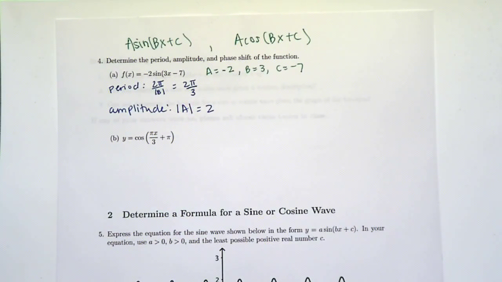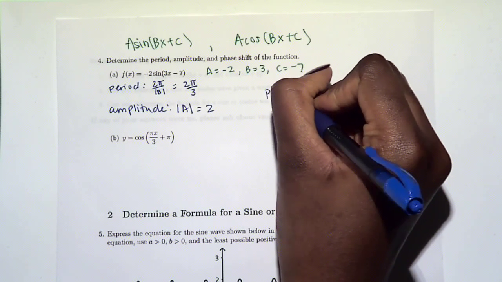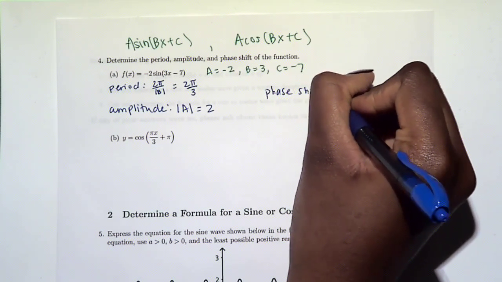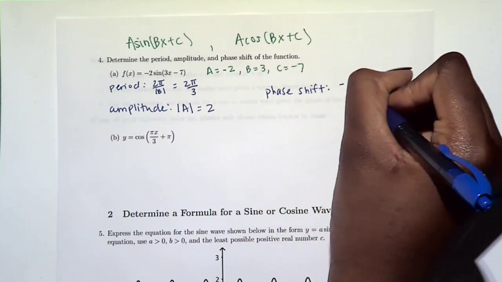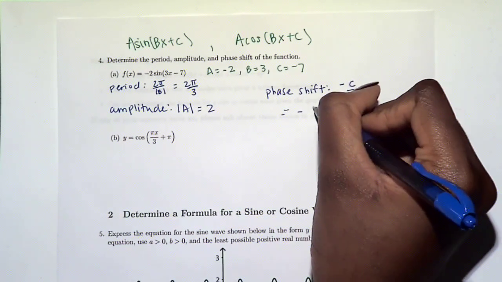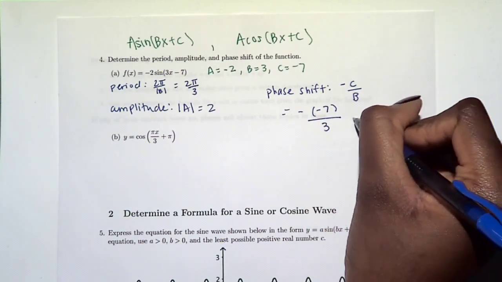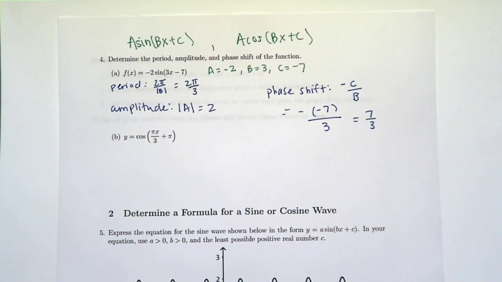So that's the distance between the middle of our graph and the top or the bottom of it. And then our phase shift, negative c over b. Okay, c is negative 7, b is 3. So phase shift is 7 over 3. So we're moving 7 over 3 units to the right.